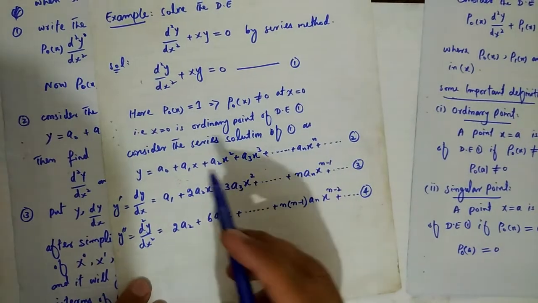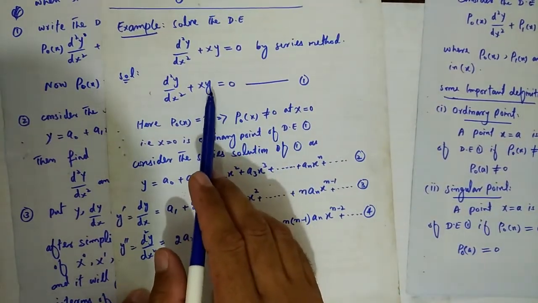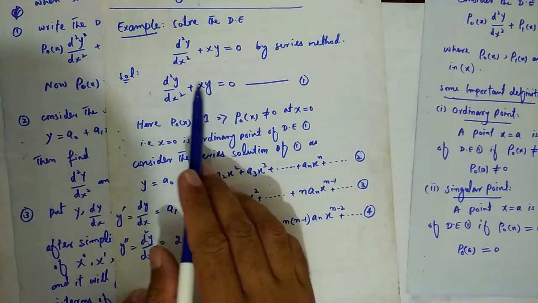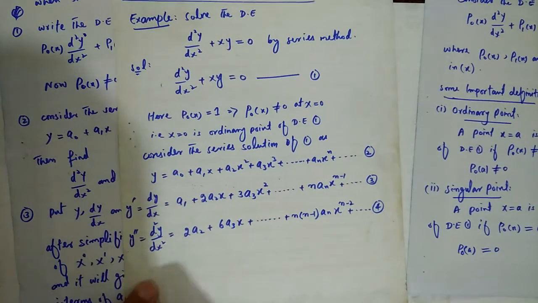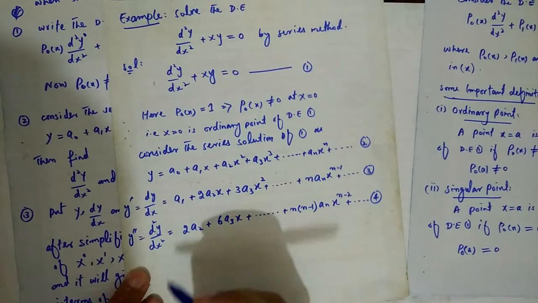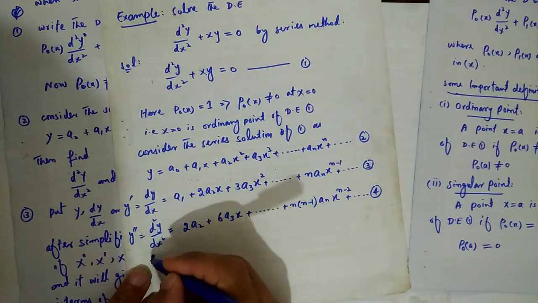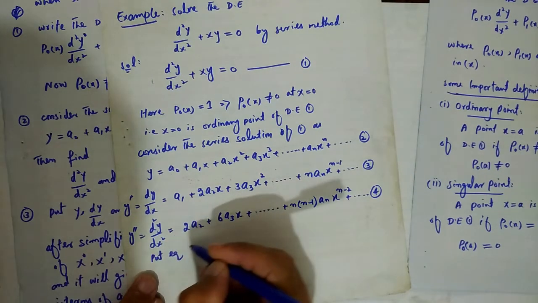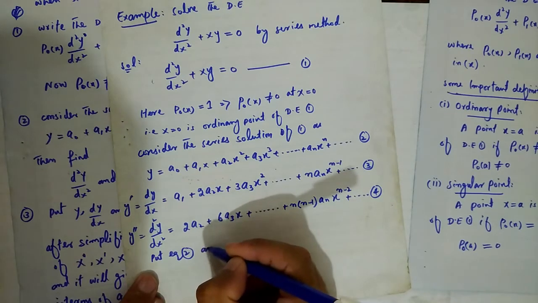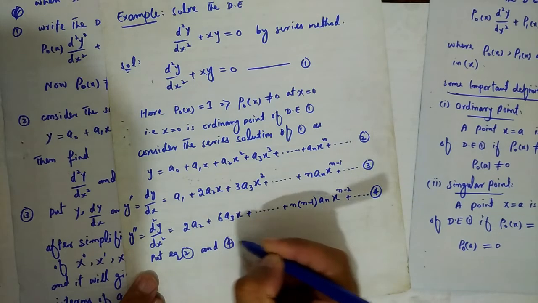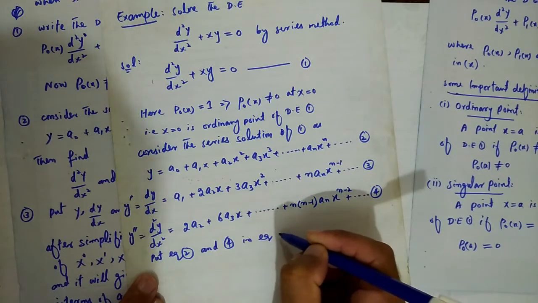Now put in equation number 1 the values of y and d square y upon dx square, that is, put equation number 2 and 4 in equation number 1.